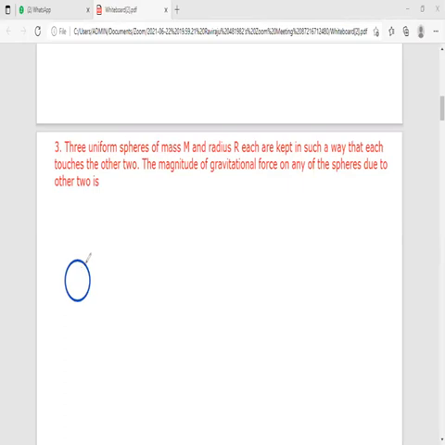We'll just draw here. All of them should be in contact, in the sense we have to draw all the three spheres like this. In this particular case, you can indicate the centers here. And what is the distance between the centers of any two?